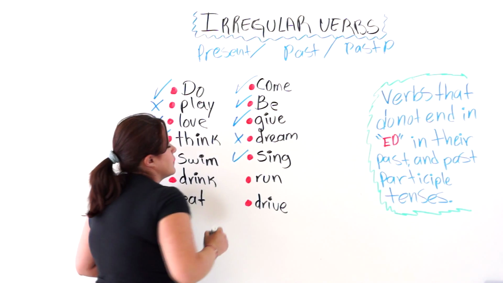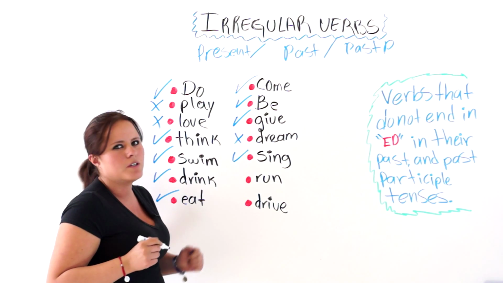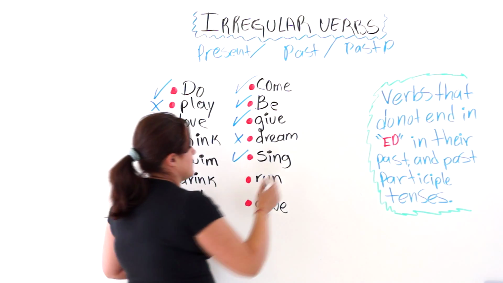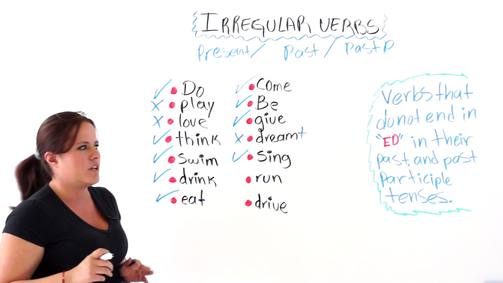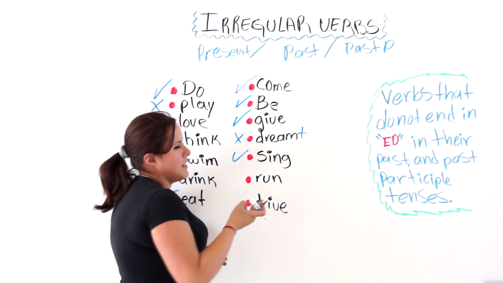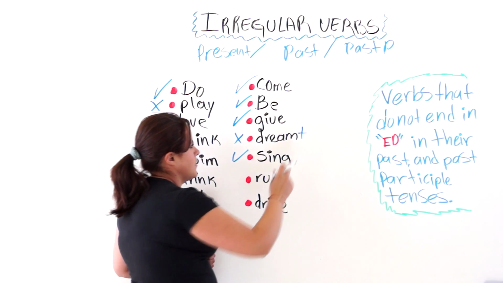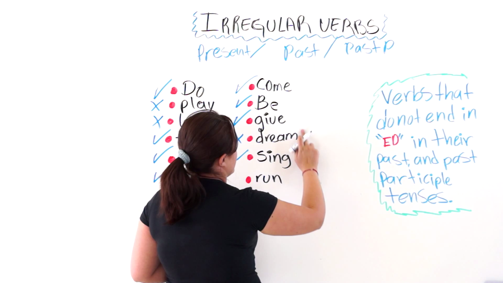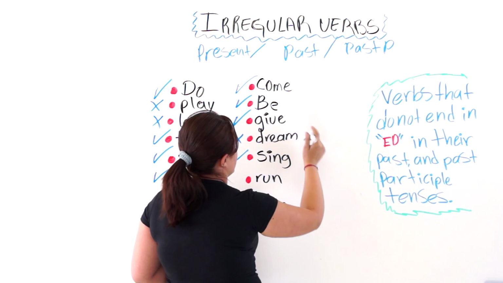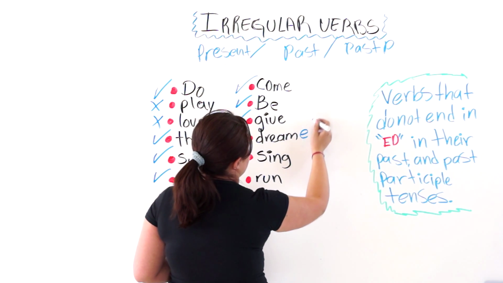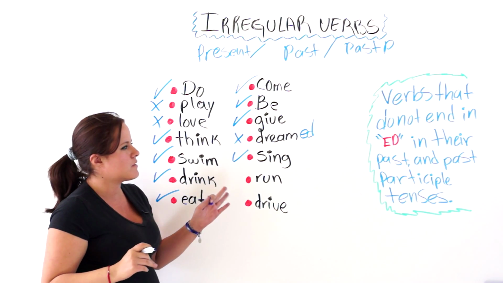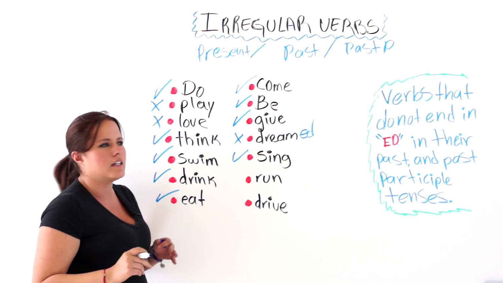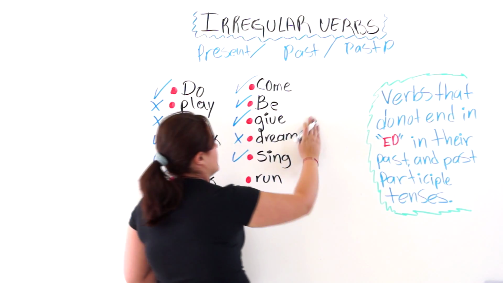Irregular. If we go back to this verb dream, some people just add a T at the end and say that it is an irregular verb in its past and past participle tenses. But in American English, this verb is changed into its past and past participle form by adding ed at the end. All right?